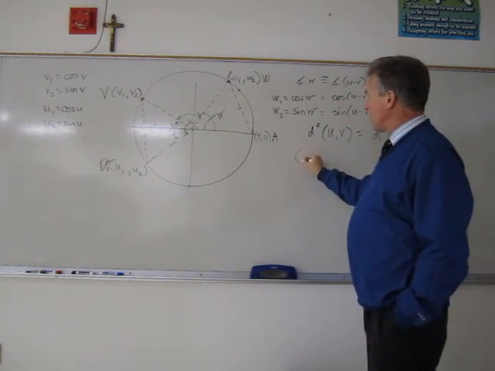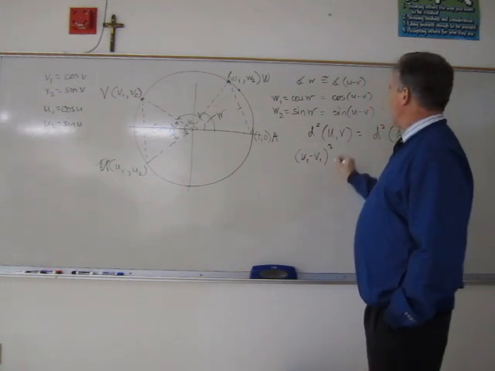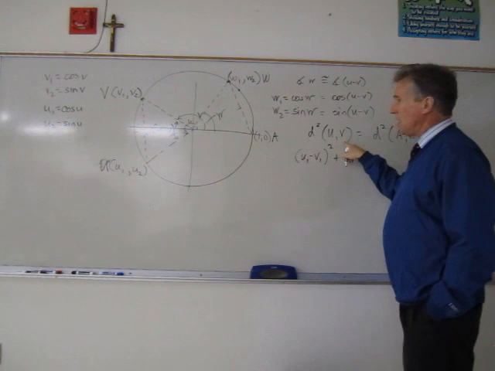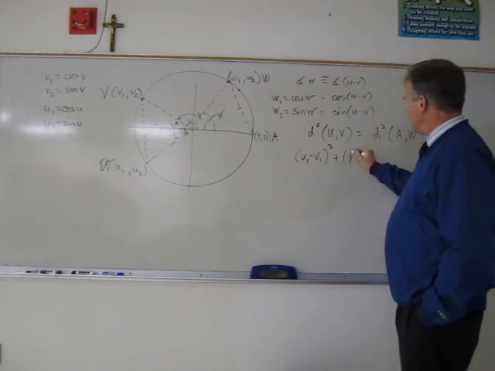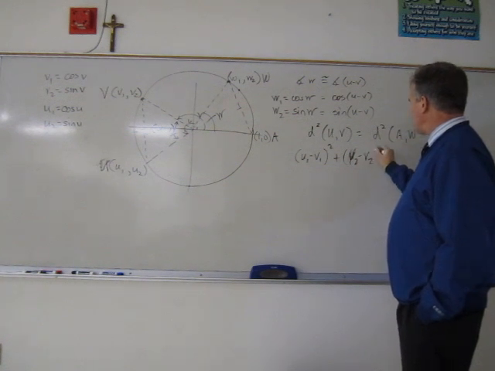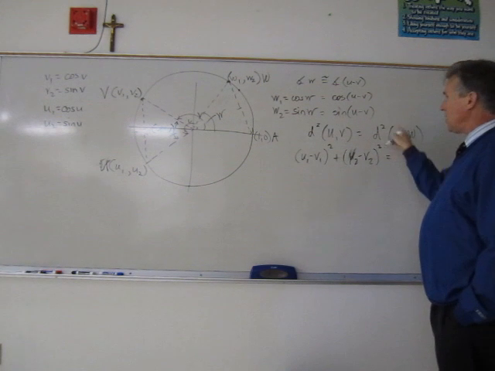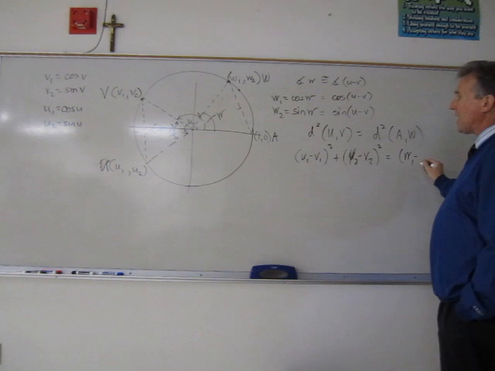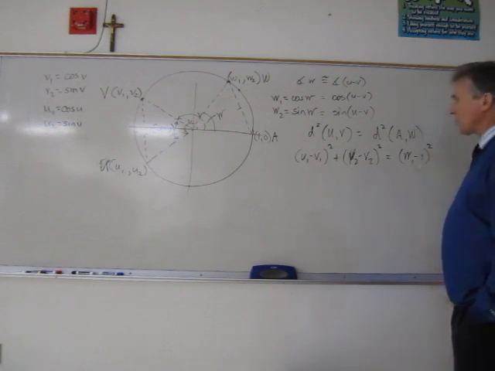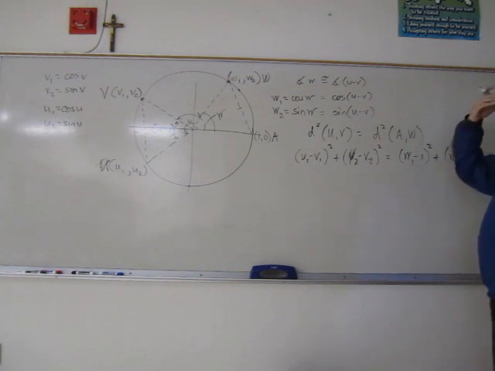Change in x squared gives me (U sub 1 minus V sub 1) squared. Change in y is (U sub 2 minus V sub 2) squared. The distance from A to W is (W sub 1 minus 1) quantity squared, and then (W sub 2) quantity squared.